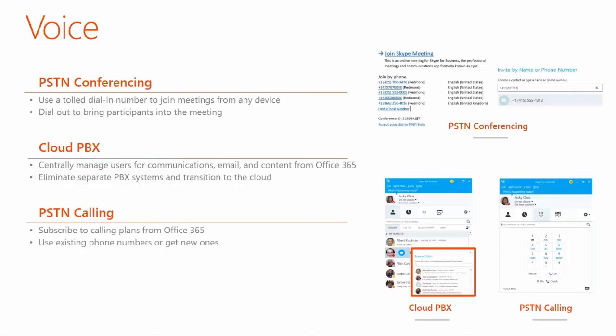With PSTN conferencing, meeting attendees without internet or audio access on their PC can dial into Skype meetings from virtually any device. Meeting organizers can also dial out to attendees and bring them into the meeting. So for whenever you have a 3-way conference call with an account executive and 2 clients, and for some reason your client wants to have another person come in on the phone, you're like, hey, let me conference them in for you.